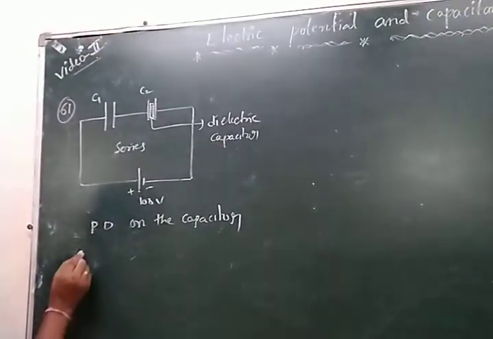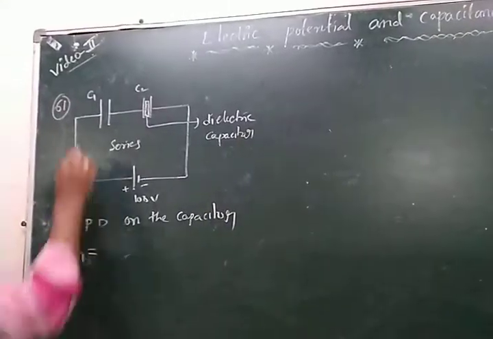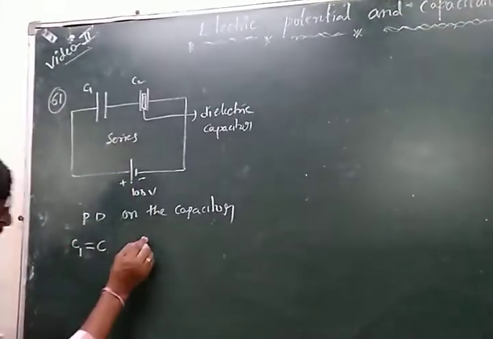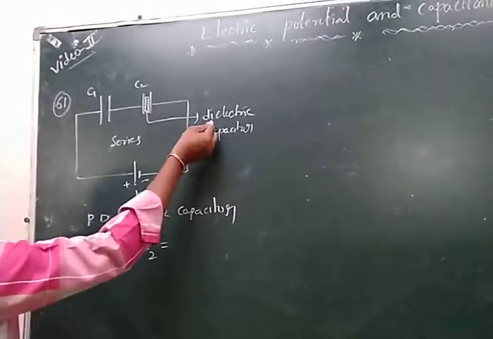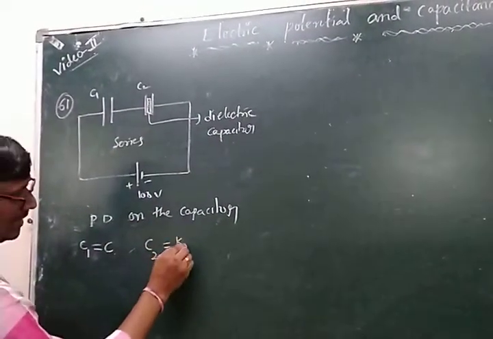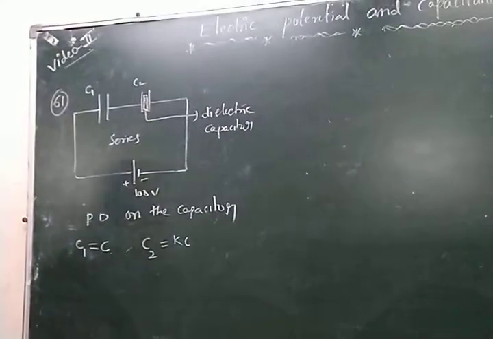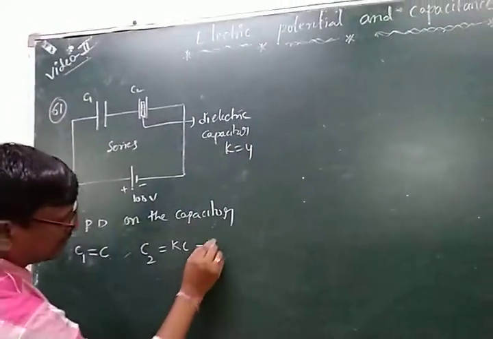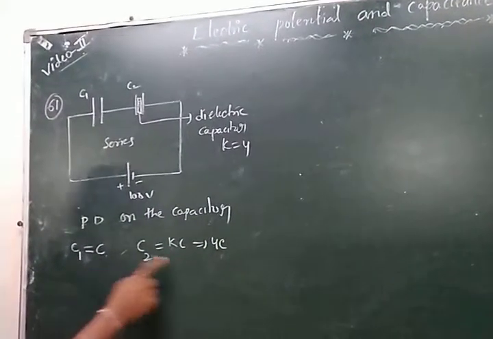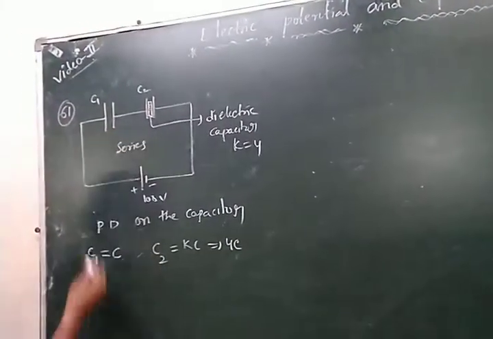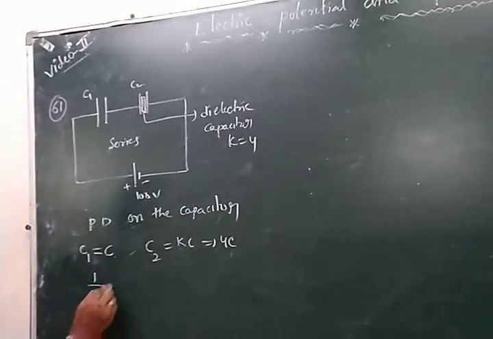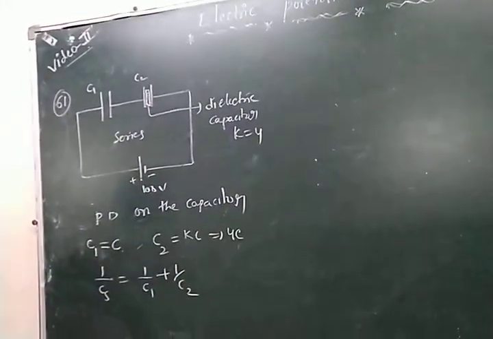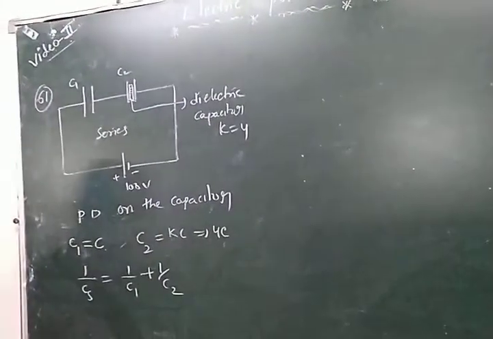First, C1 is equal to C. Then C2 is equal to K times C, and K is given as 4, so C2 is 4C. Both are connected in series, so 1 by Cs is equal to 1 by C1 plus 1 by C2, that is the effective capacitance in series combination.